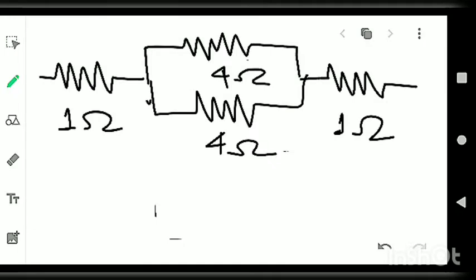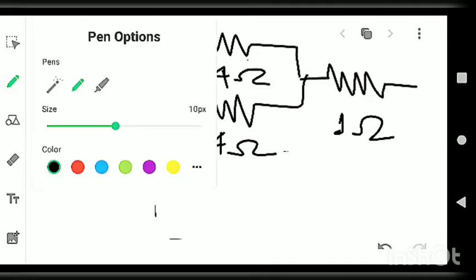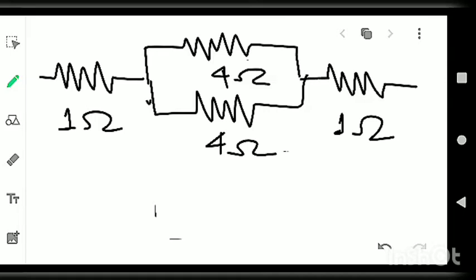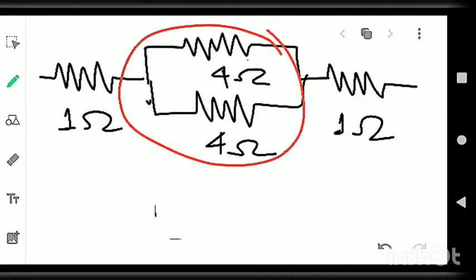Clear? That answer is very simple. If at any case it is given that series and parallel both are present, you first solve the parallel one. Clear? First we will solve parallel, then we will add it like series.